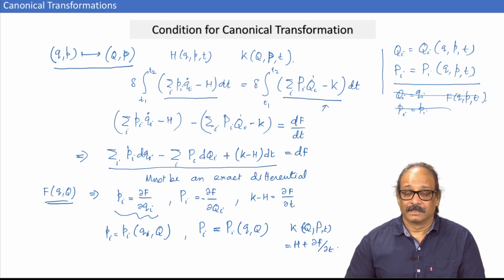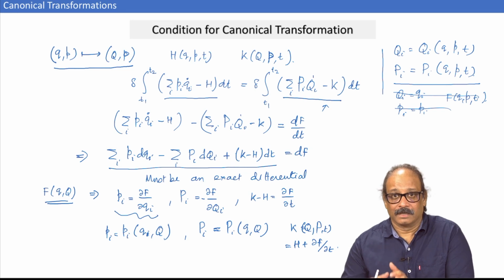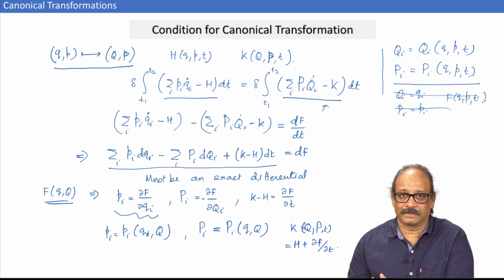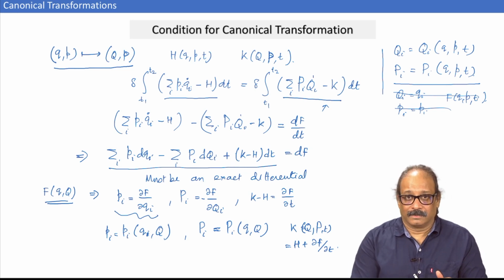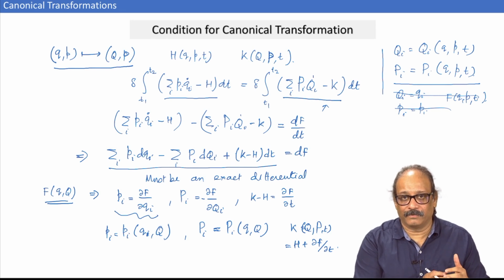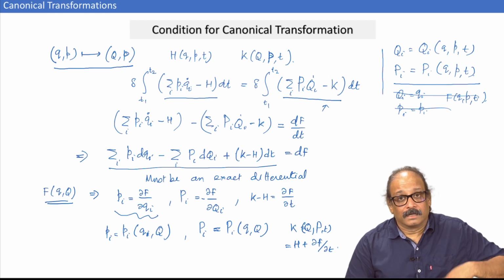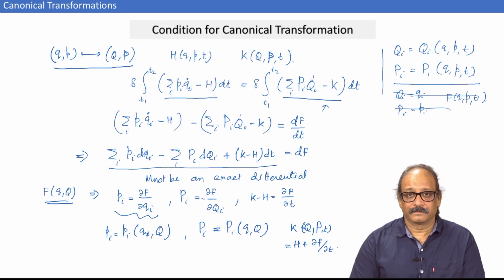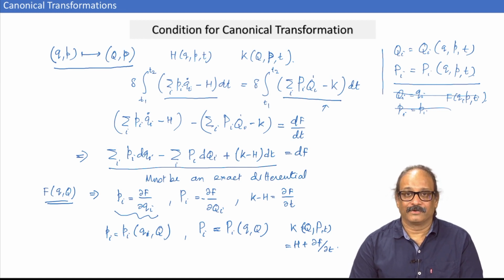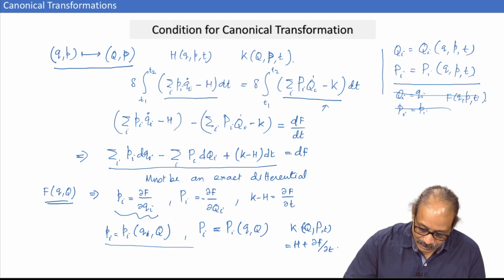Okay. So the problem has been reversed. Initially we started with a canonical transformation. We wanted to ask whether it's canonical or not, for which we needed to find one function F whose exact differential is given by this right hand side. Other way around, I give you F. From F, you can actually generate a canonical transformation.